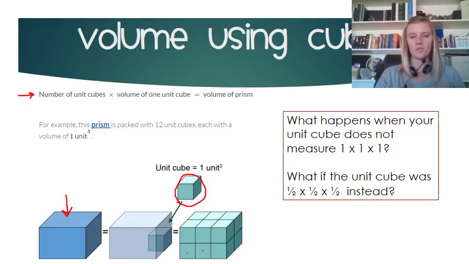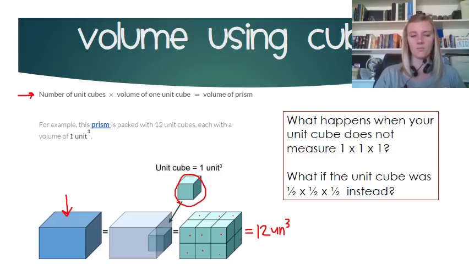We've got 1, 2, 3, 4, 5, 6 here on the front. We can only see on the back 1, 2, 3, 4, but we know that there's 2 that we can't see back there. So we know that there are 12 unit cubes packed into this box. So that means the volume of this cube is 12 units cubed.